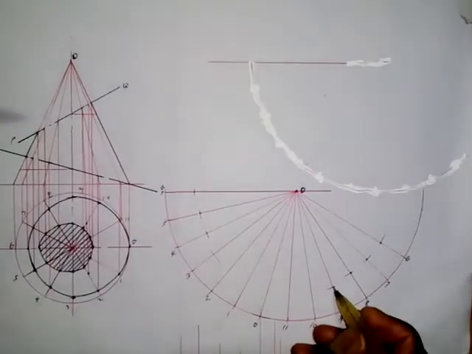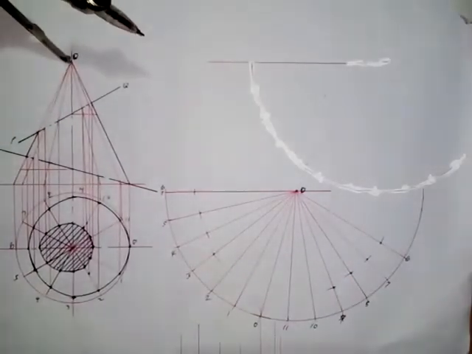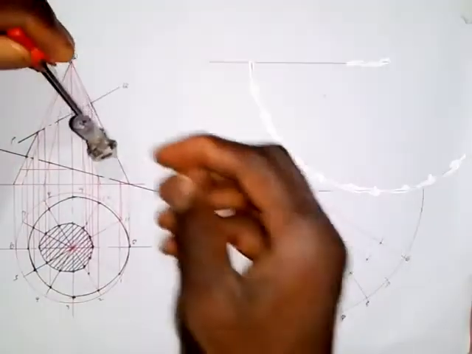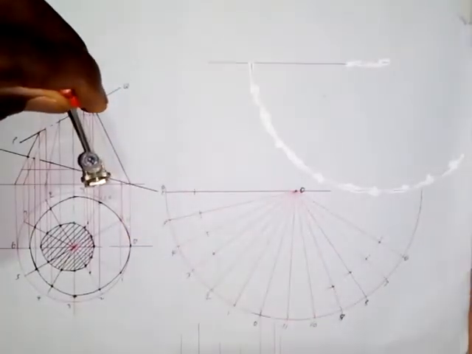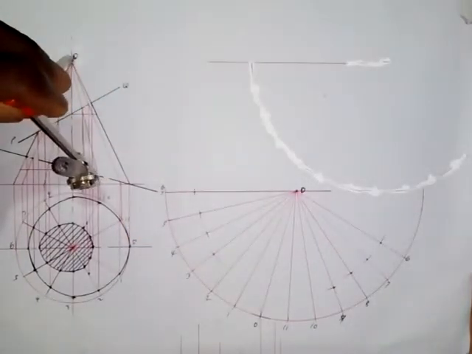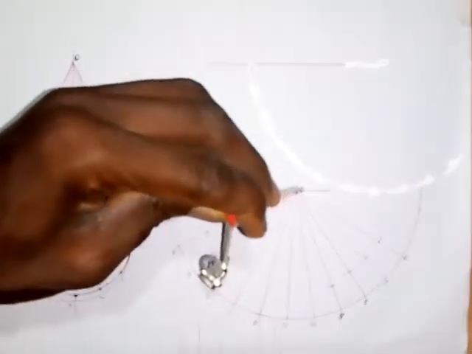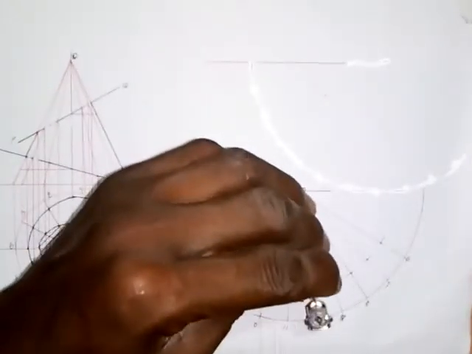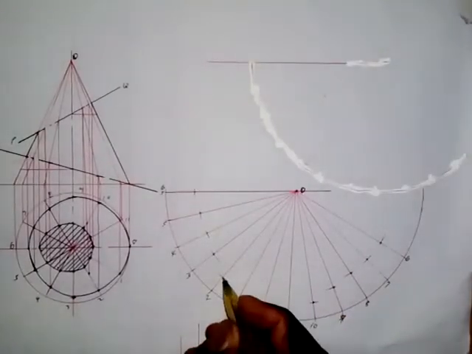So this is the point, and this is the point. Then the next is 2, 10. So I put my compass here, extend to this point here for 2, 10. So I put at this point O here. So make an arc on 2 and make an arc on 10. So this is point 10 and this is point 2.